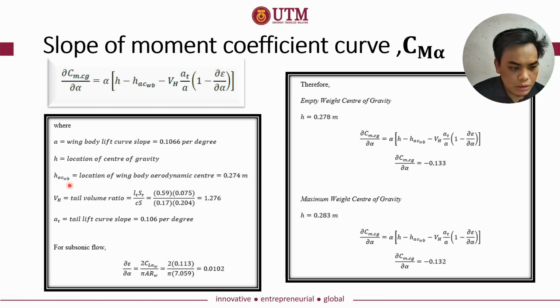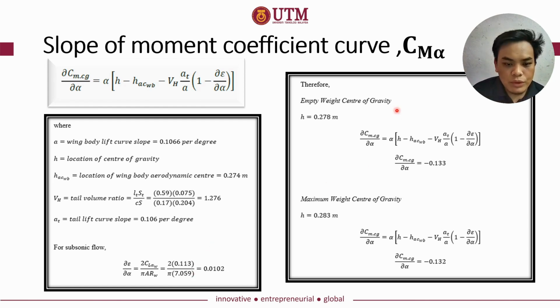HACWB is the location of the wing body aerodynamic center, which is 0.274, and VH is the tail volume ratio, which from the drawing is 1.276. AT is the tail lift curve slope, which is 0.106 per degree. For subsonic flow, we get a value of 0.0102.